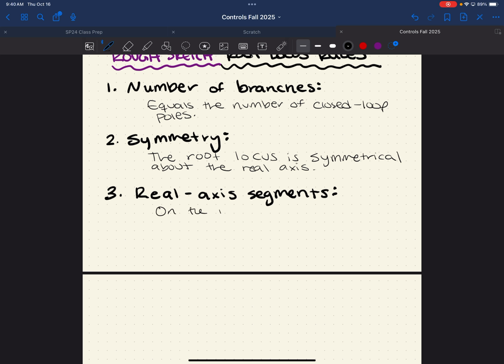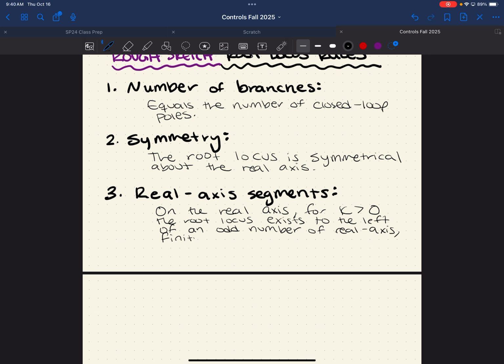Okay, on the real axis, for k greater than 0, the root locus exists to the left of an odd number of real axis finite, I am saying this in a weird way because you probably don't know what a finite open loop pole is, but we're going to cover it in just a minute.